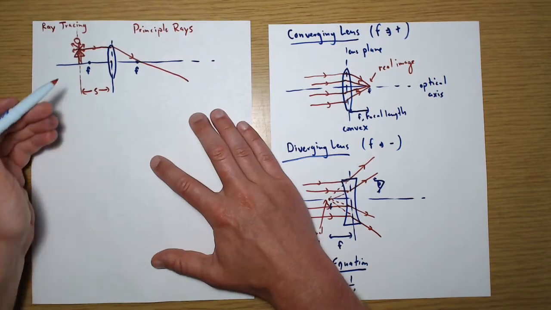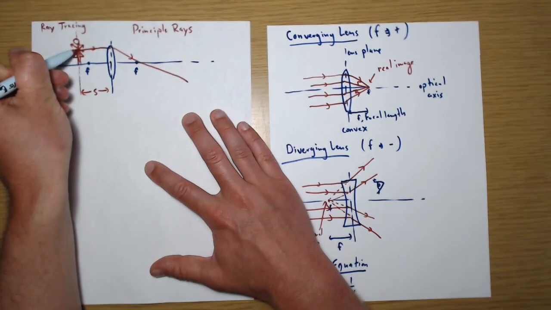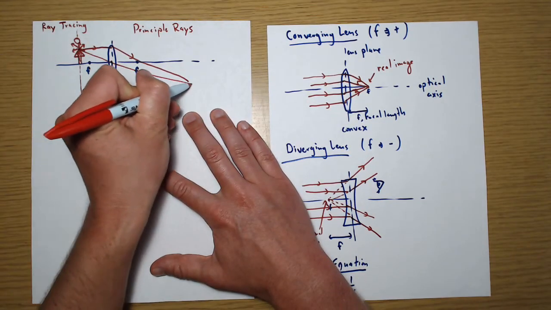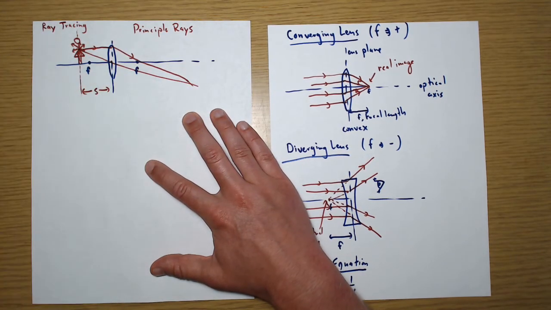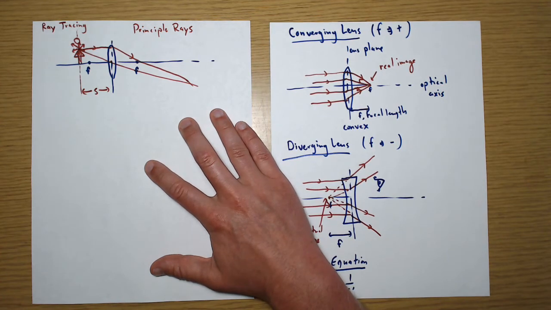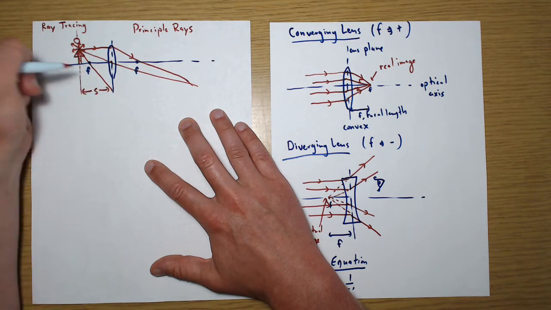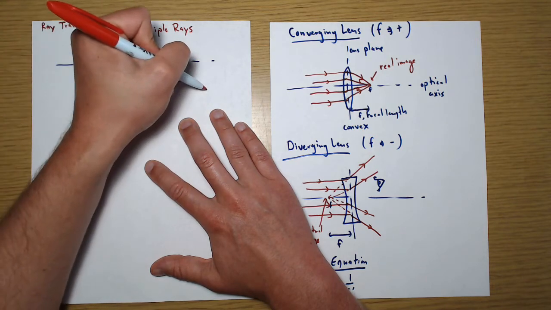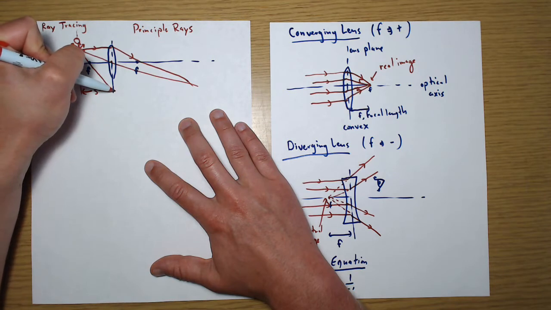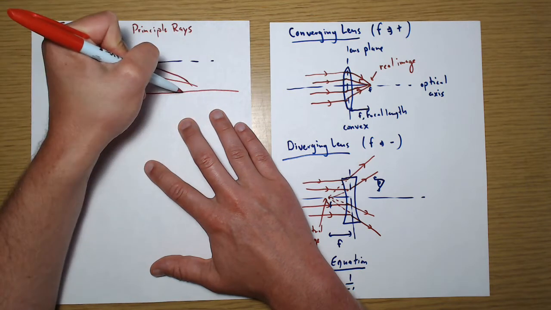So this ray would be straight like this. Okay, now the final ray, which I could draw here, is a ray that comes through the focus point, and then it emerges parallel.